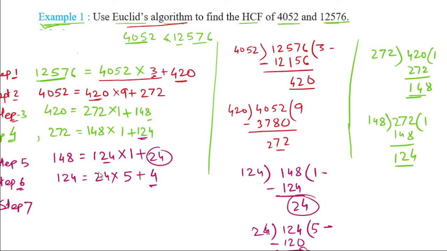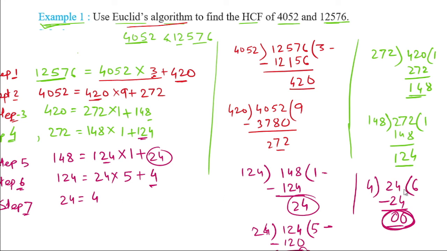Our step 7 will be, in the next step 7, the dividend will be 24 is equal to, and the divisor will be 4. So now we'll divide 24 by 4. It goes 6 times 24 here. After subtracting, 4 minus 4 0, 2 minus 2 0. So here we have at the last found 0 as remainder.